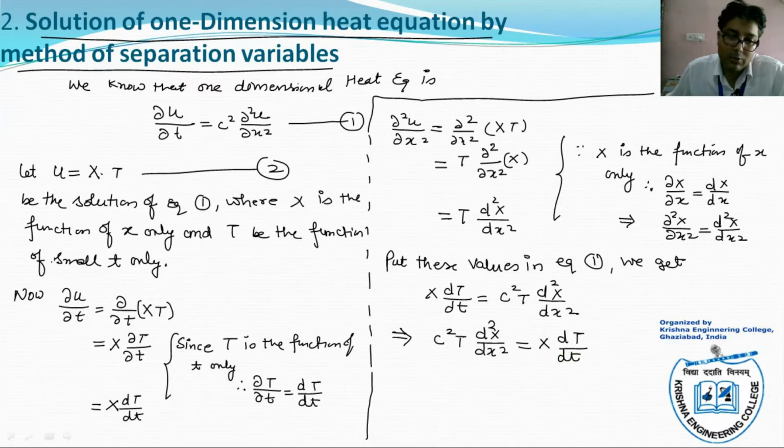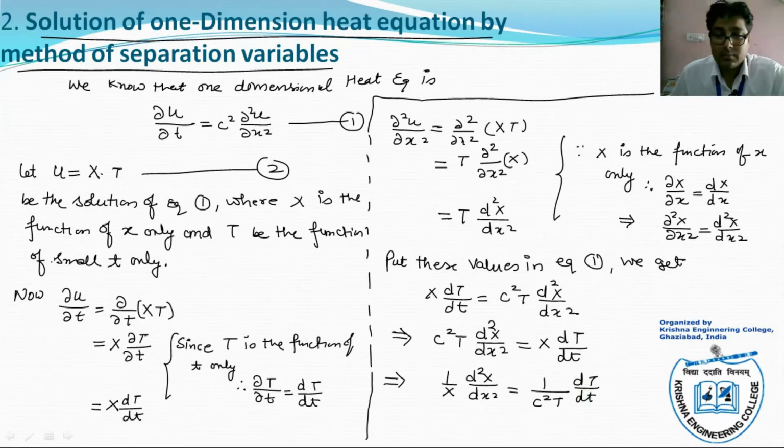Clear? Now separate the variables. So take capital X on LHS, this becomes d square capital X over dx square is equal to, and transfer the term c square T on RHS, so this becomes dT over dt. Clear? Now we move on to the second page.